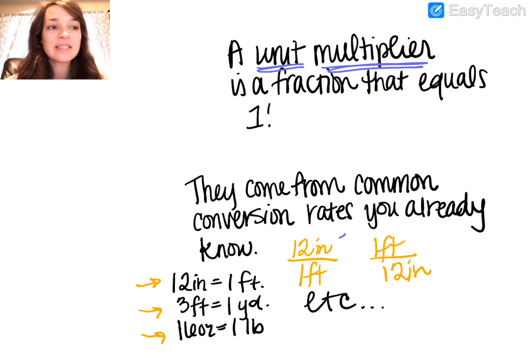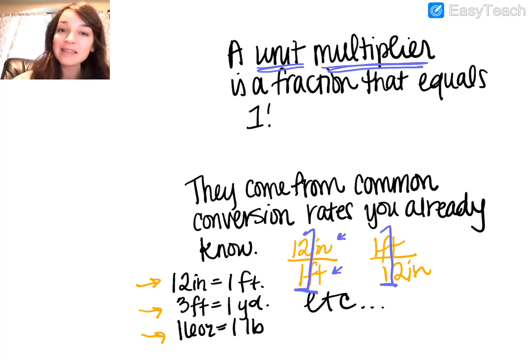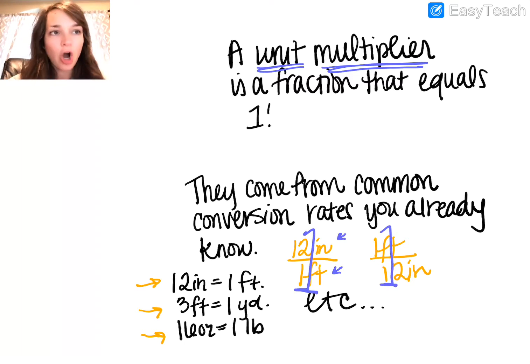So if this measurement is exactly the same as this measurement, then we're basically dividing something by itself, which always gives us 1. Same thing here. We're dividing something by itself. It's an equal measure, always equals 1. So when we say it's a fraction that equals 1, that's what we're talking about, okay? So don't get too mixed up on that. You have to pay attention to the units to think about the whole equal to 1 part.